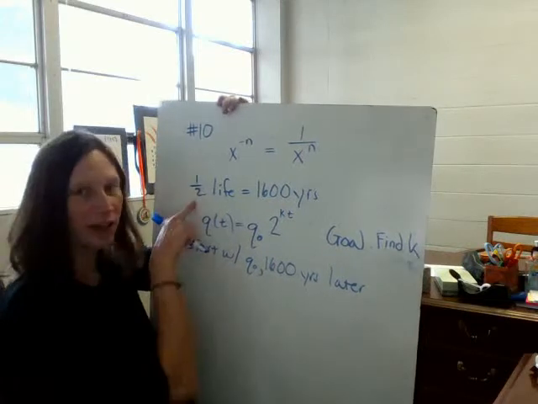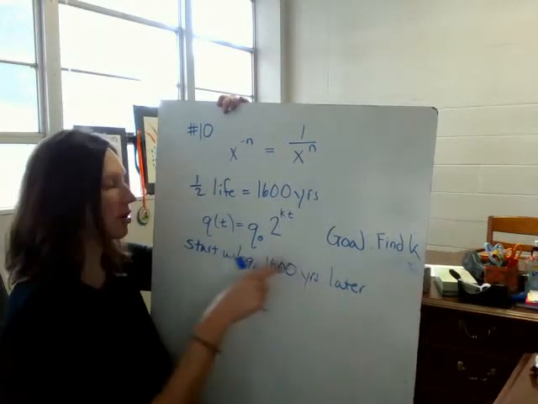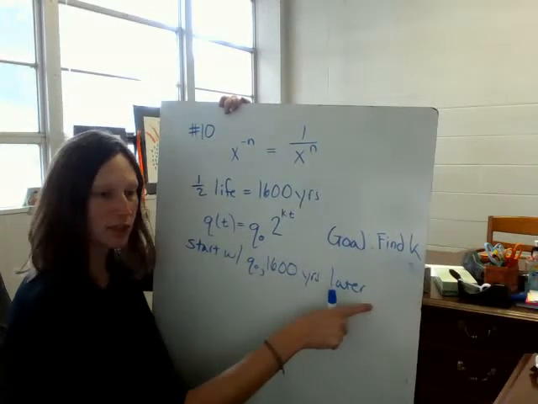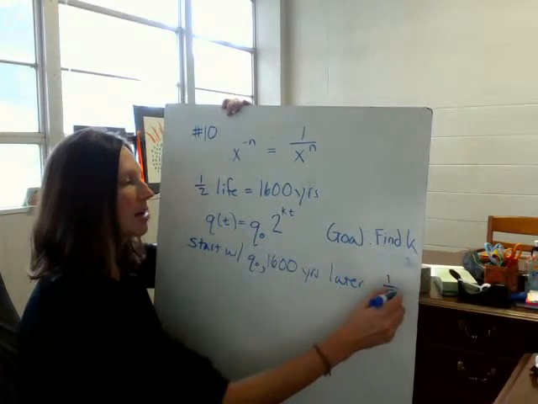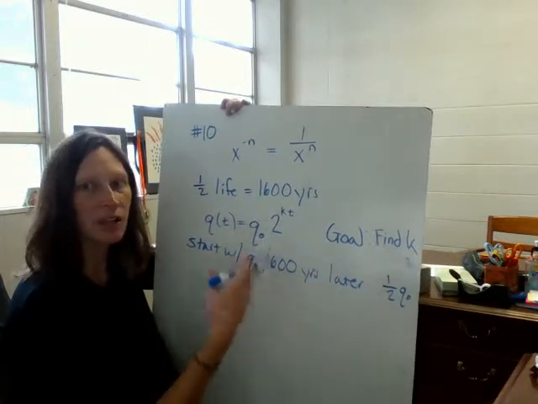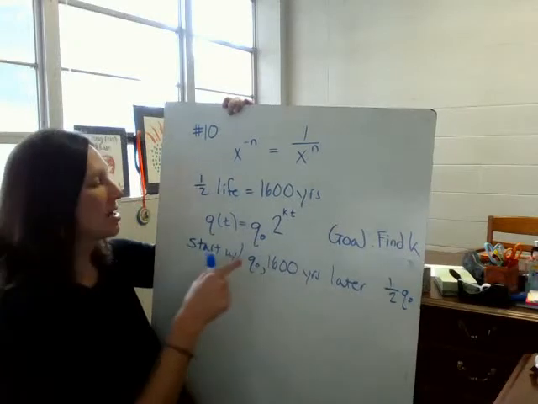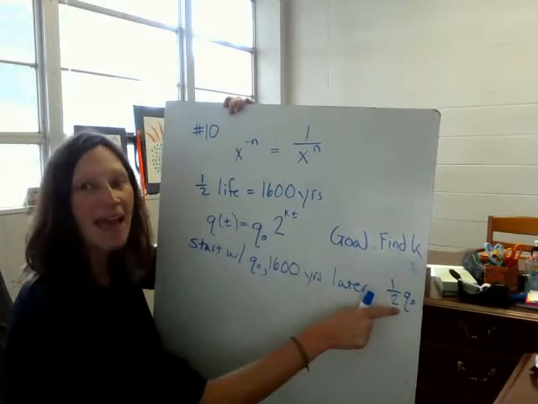Okay, well, it's a half-life. So if I started with 10, 10 is going to become 5. If I started with 100, 100 becomes 50. I'm starting with Q naught, so Q naught is going to become half of itself. Okay, 1600 years later, I have half remaining. So this is my starting value, this is my time, this is my ending value.